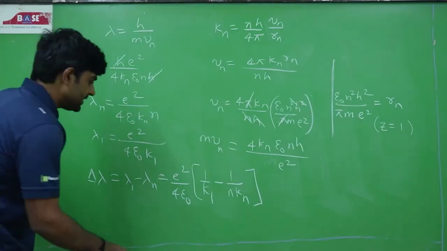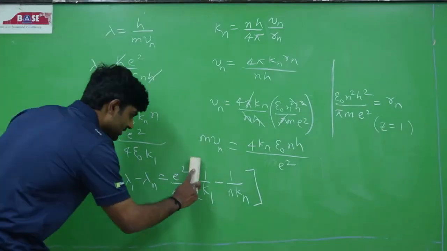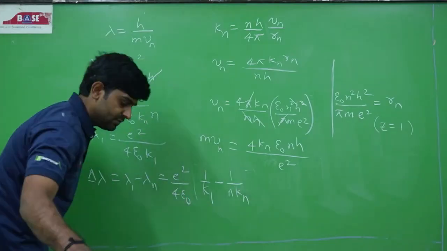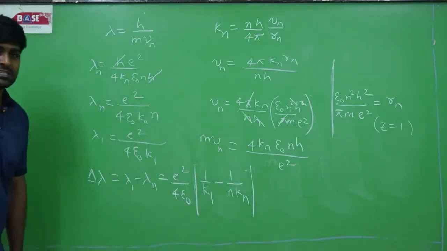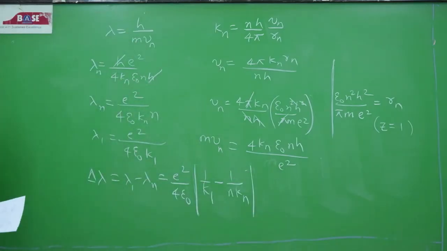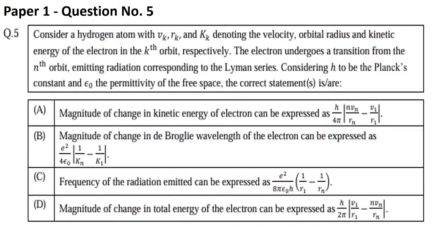You can observe that even if I use magnitude and revert these two, still n will be missing. Since n is missing, we can surely say that option B would be the wrong option.